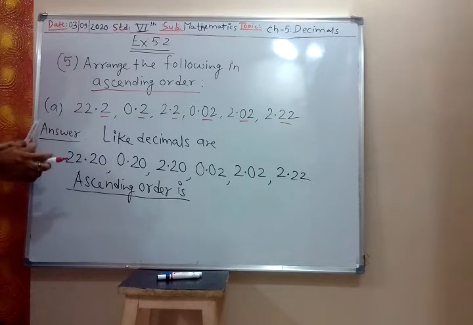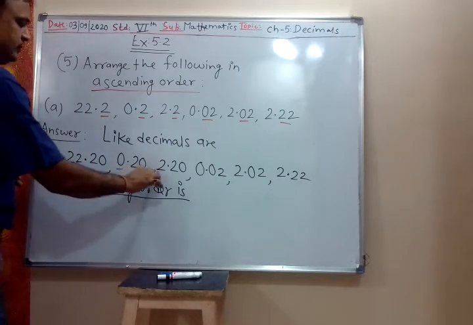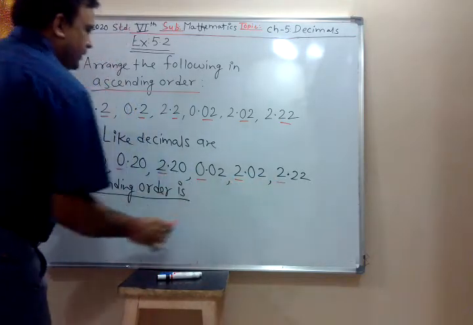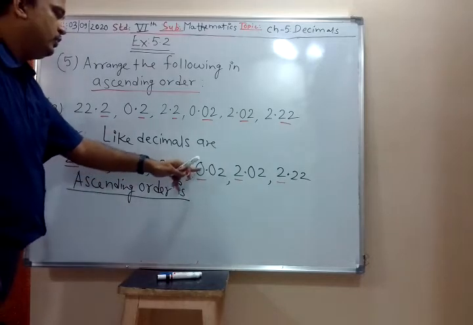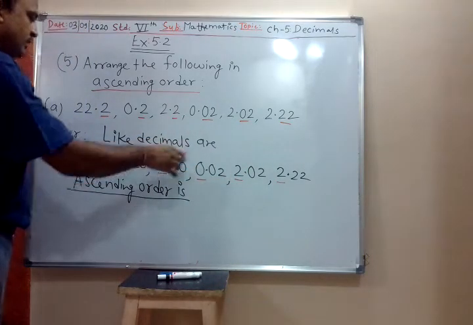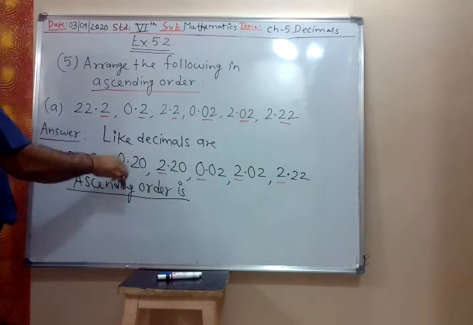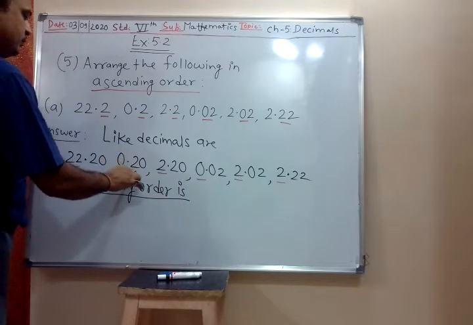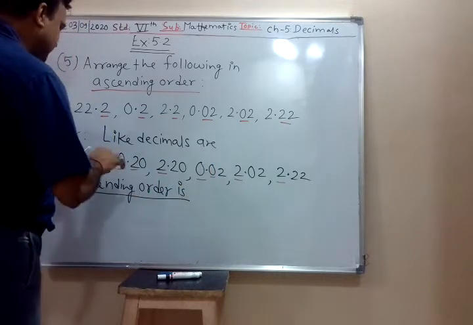We compare the decimals from the left. Before the decimal we have 22, 0, 2, 0, 2, 2. Out of these, the two 0s are smallest. Now we compare these two: after the point it is 2 and 0, so this 0 is smallest.